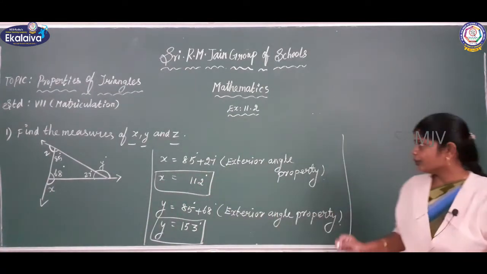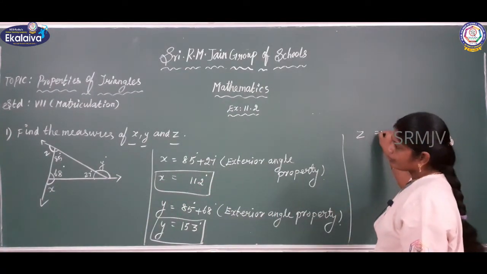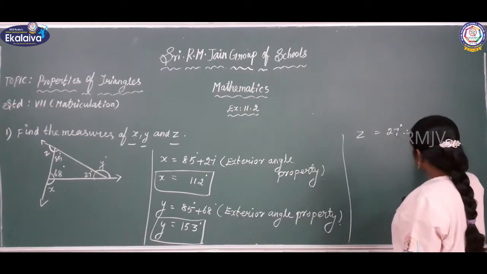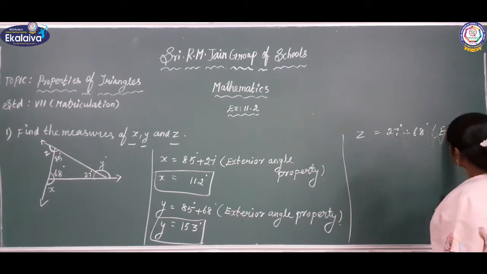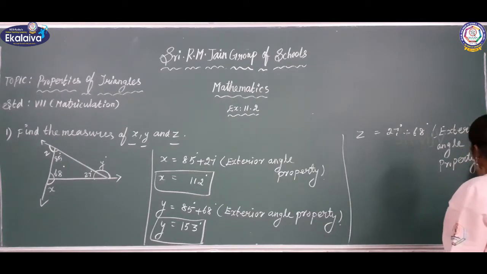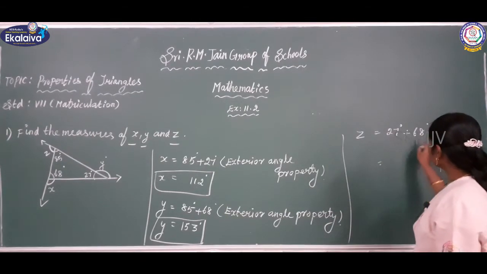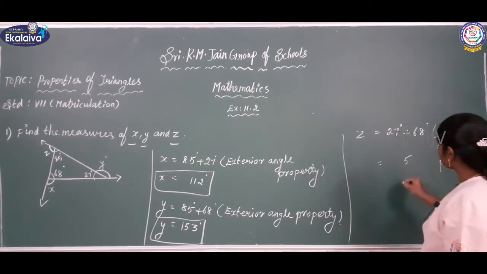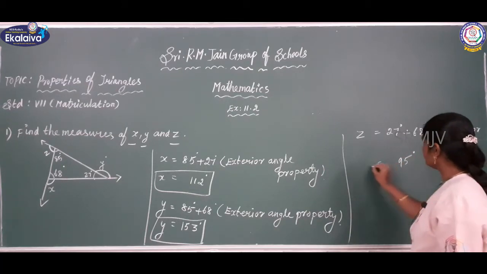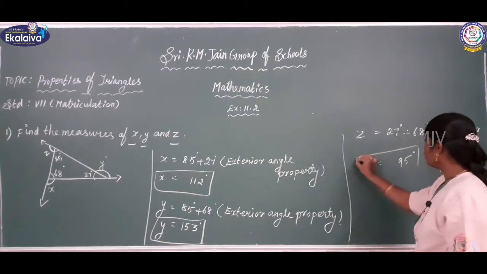So, Z equal to 27 plus 68 degrees because of the exterior angle property. Okay. Now you add it: 8 plus 7 is 15, 5 remaining 1, 1 plus 6 is 7, 7 plus 2 is 9. So 95 degrees. Now we found all the angles.